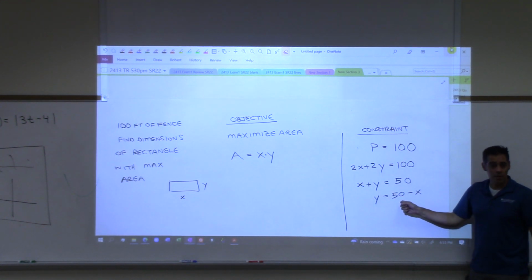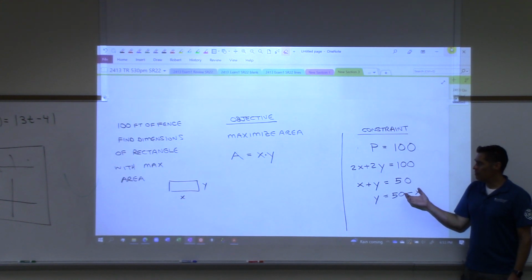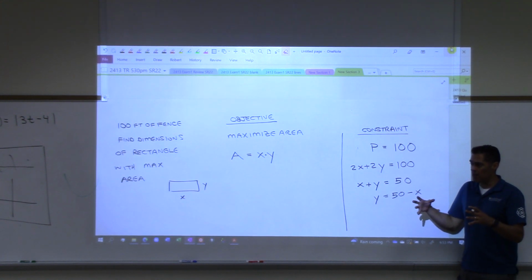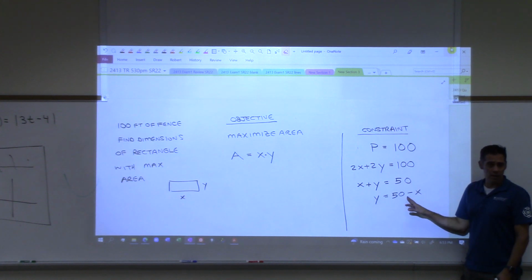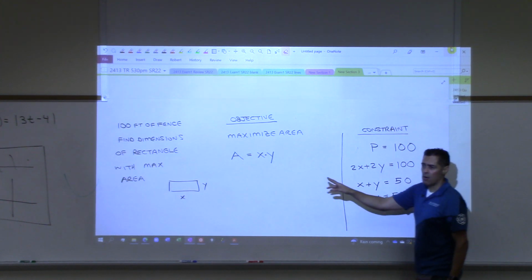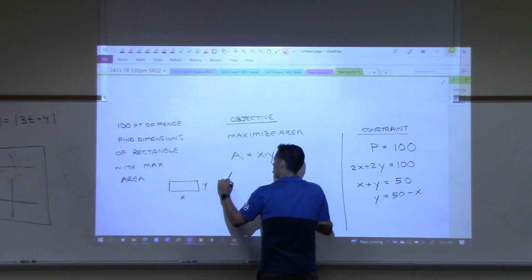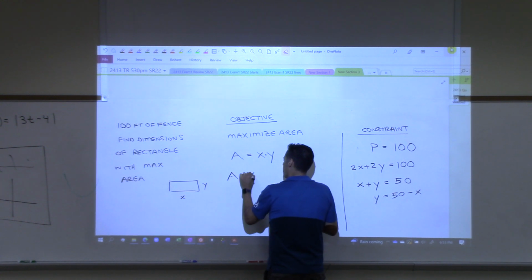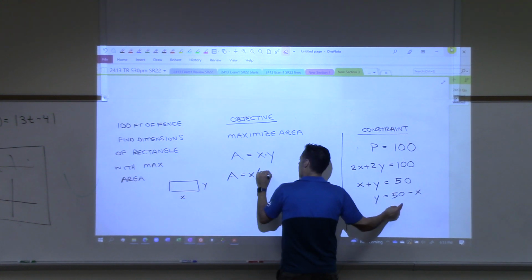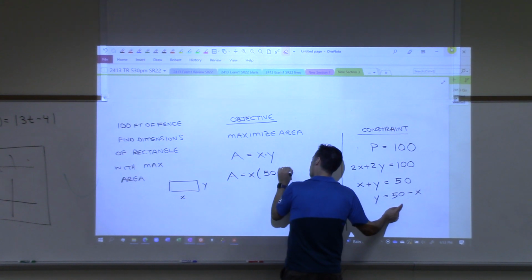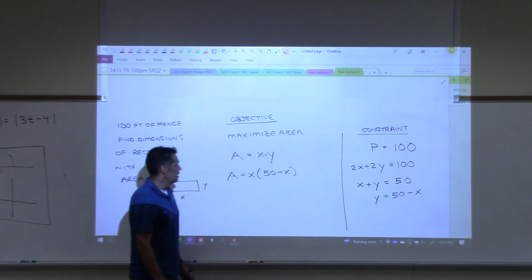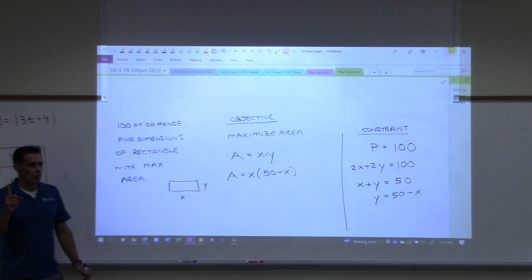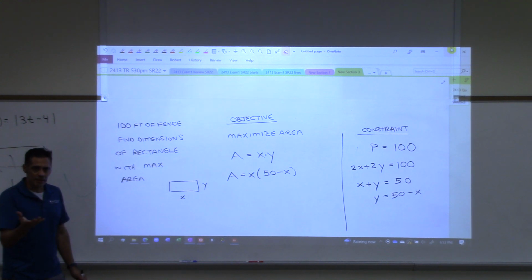So now I have a formula for y in terms of x, right? So for this particular rectangle, y has to always follow this formula. So I can go back over here to the area, and I can replace the y with 50 minus x. And now notice my area depends on one variable, right? It depends on x.